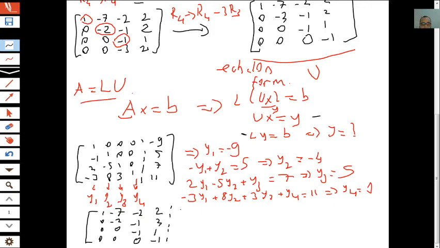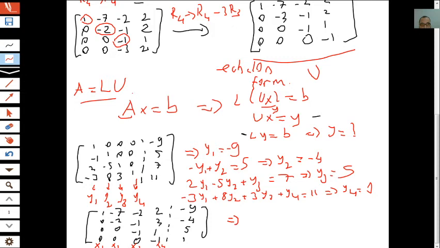Namely, we have minus 9, y2 is minus 4, y3 is 5, y4 is 1, and from here the first column is corresponding to x1, the second one is x2, x3 and x4.